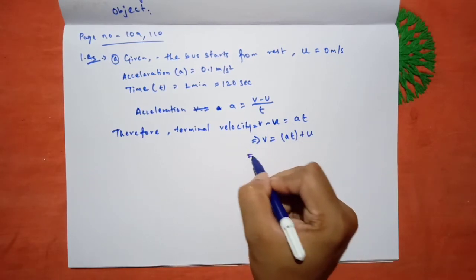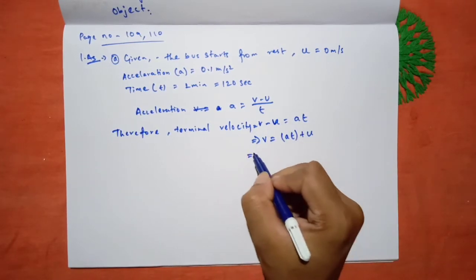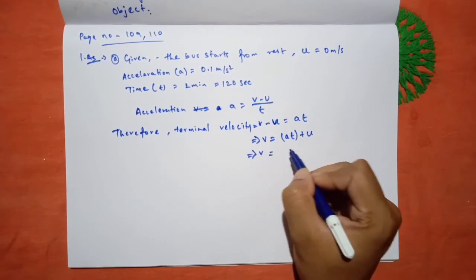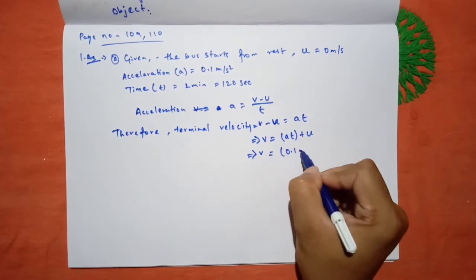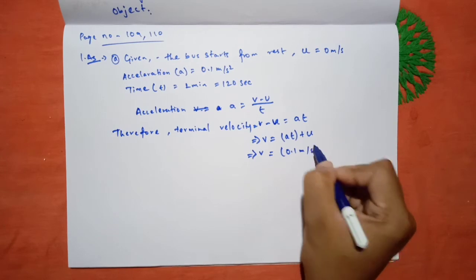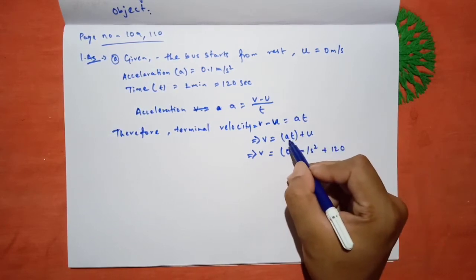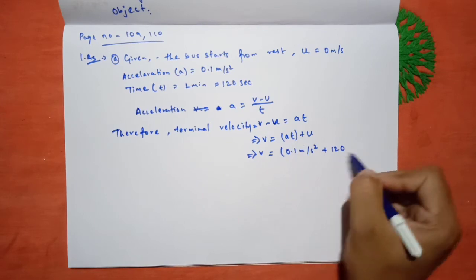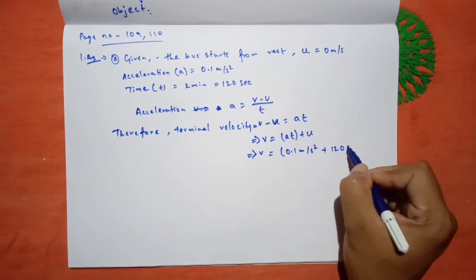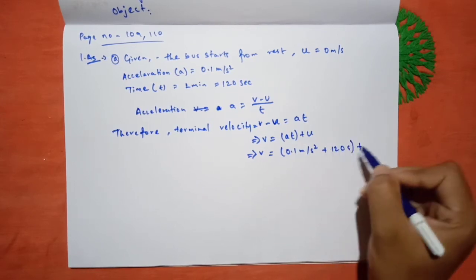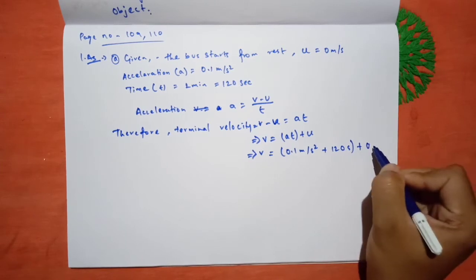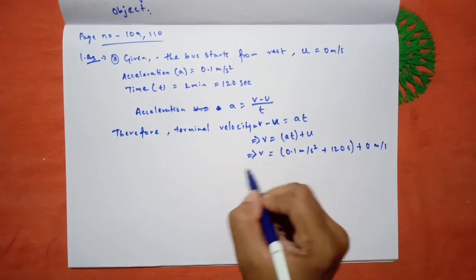Okay, so we are now solving this. v is equal to at, where acceleration is 0.1 meter per second square, and this is time, which is 120 seconds, plus initial velocity, which is 0 meter per second.